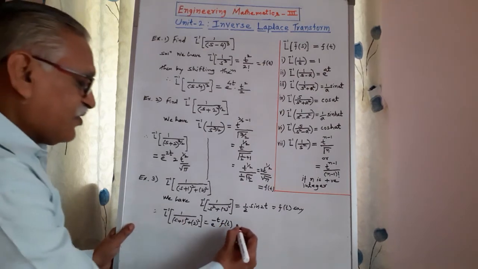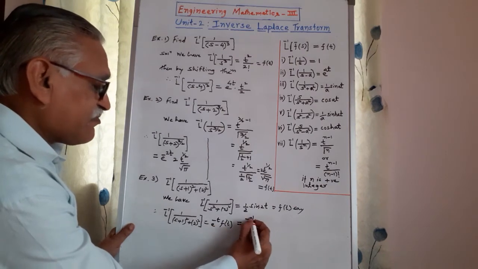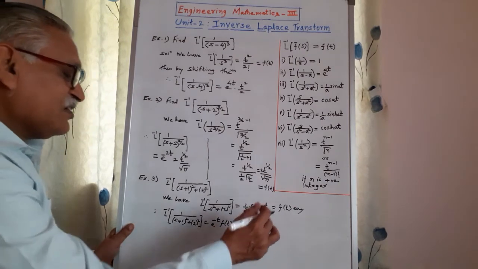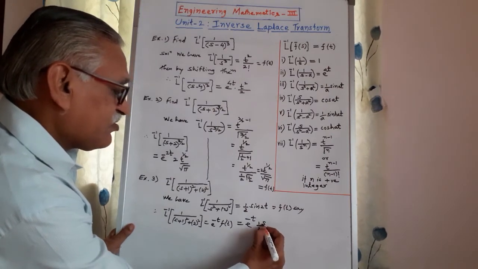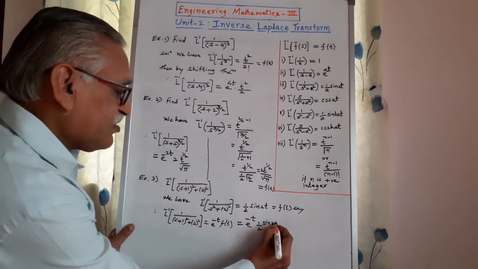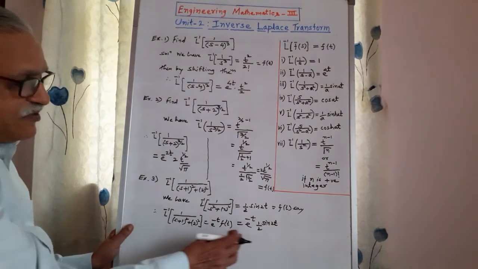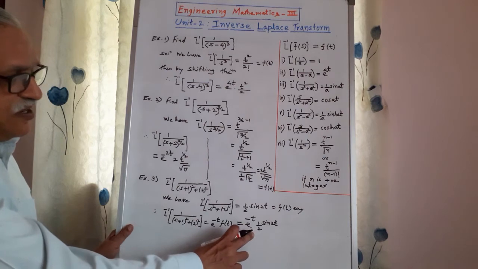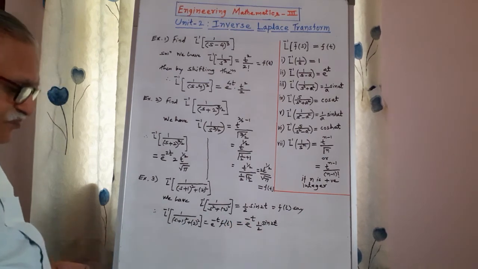So it is equal to e raised to minus t, and f of t is 1 by 2 sine of 2t. Therefore, by the shifting theorem, we get this inverse as e raised to minus t sine 2t divided by 2.